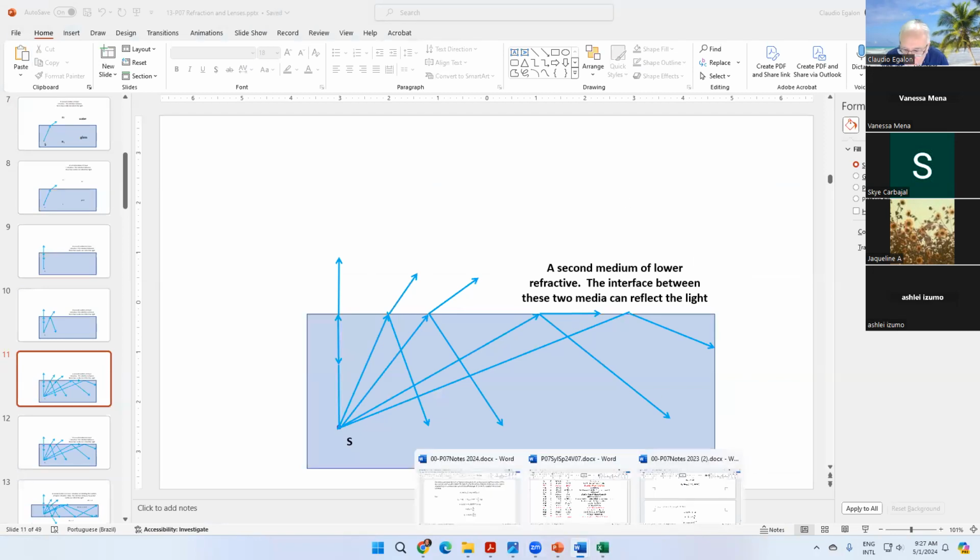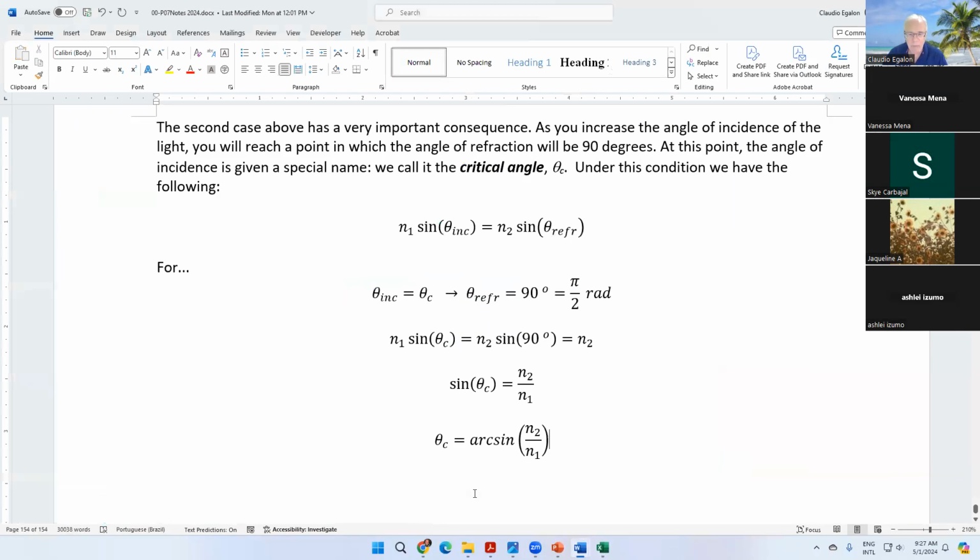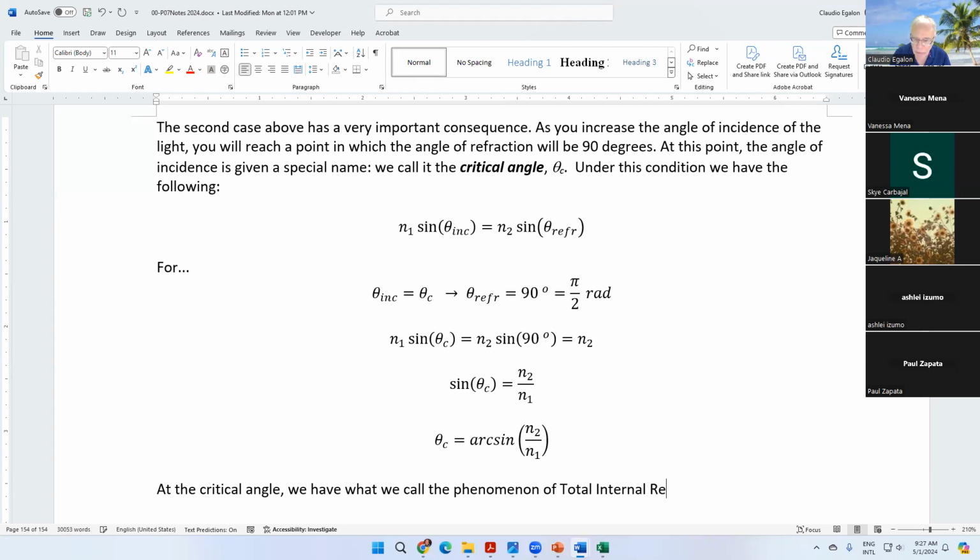Now going back here to the notes. This one right here. Okay, at this angle, or at the critical angle, we have what we call the phenomenon of total internal reflection.